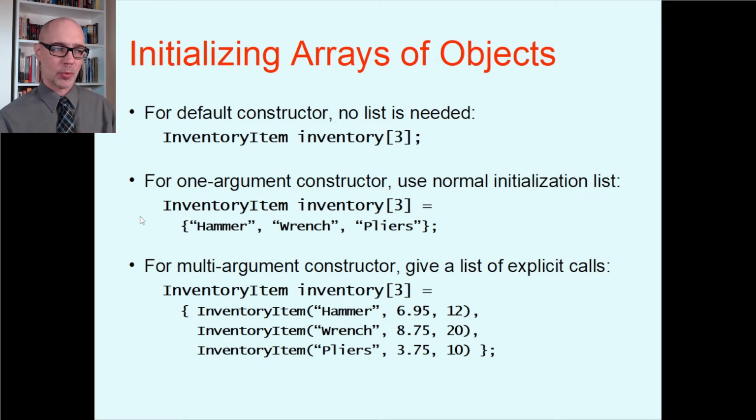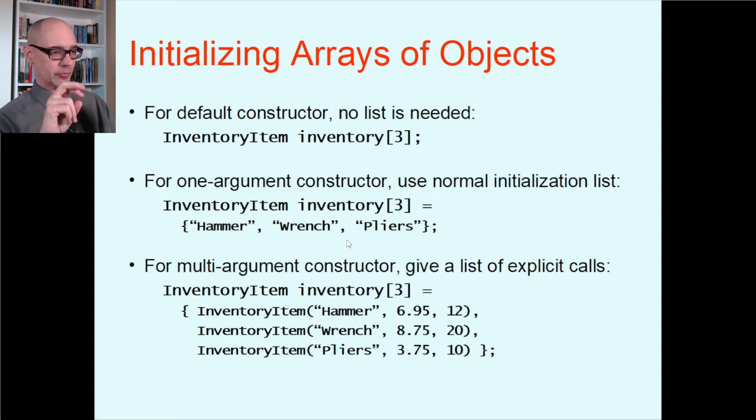Now, if you want to call a one-argument constructor, that's really, really simple. You just use a normal initialization list like you're dealing with an array. So here we're doing that. This would be Kathy's intent. So Kathy's making an inventory item array, again, calling it inventory, size 3, and she's doing the normal job with an initialization list looking like an array.